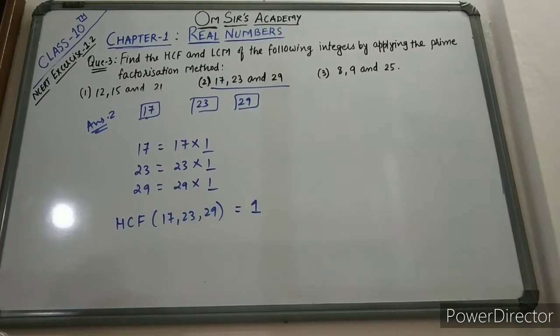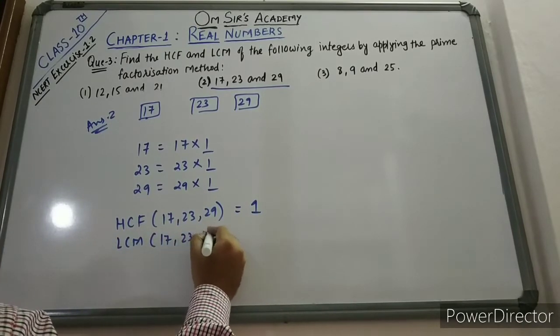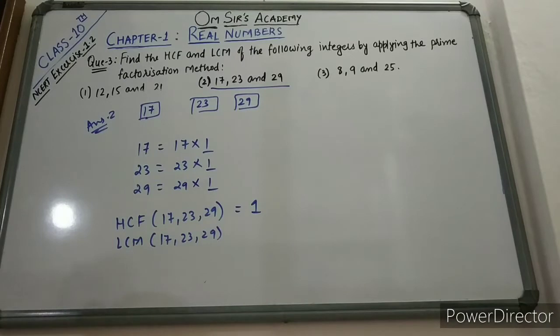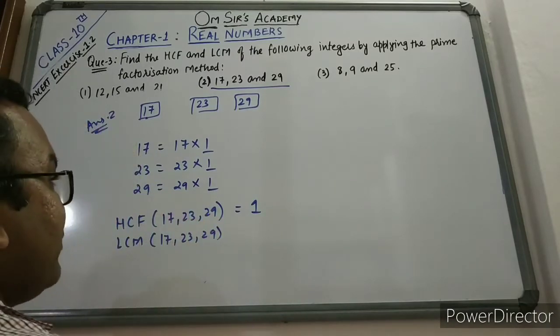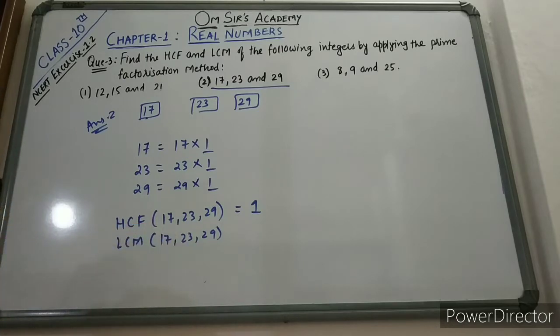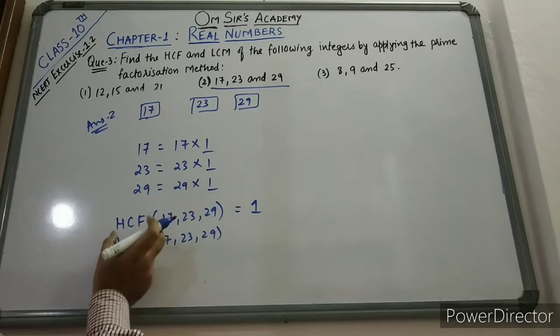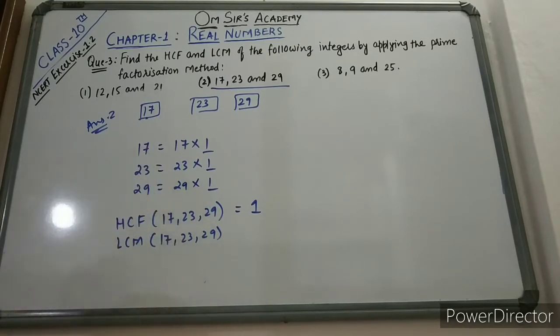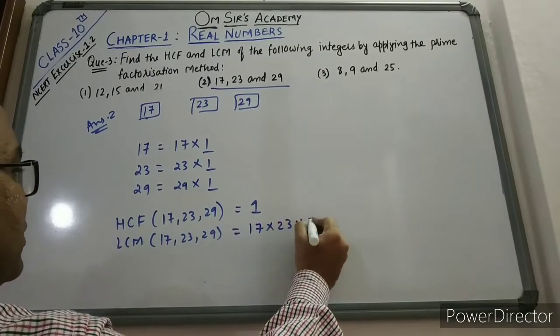So HCF will be 1 and LCM of these three numbers will be the multiplication of all these numbers. Remember the point or concept that we discussed in HCF and LCM, the third point. Okay, so when they are co-primes, HCF will be 1 and the LCM will be the product of the numbers. So we will multiply all these numbers.